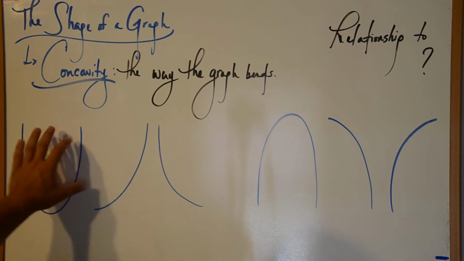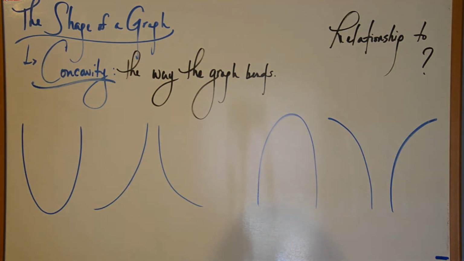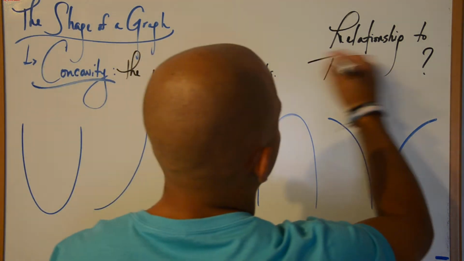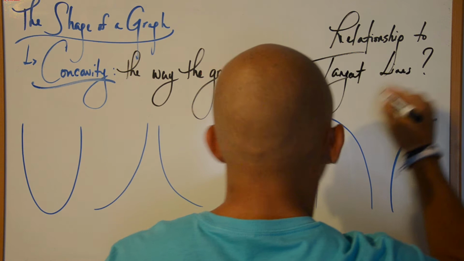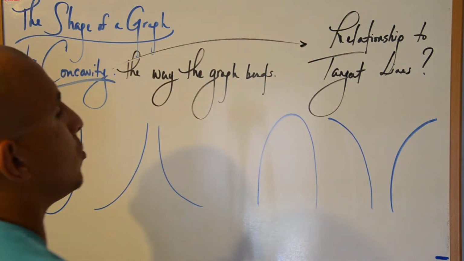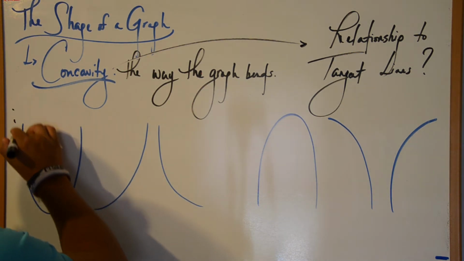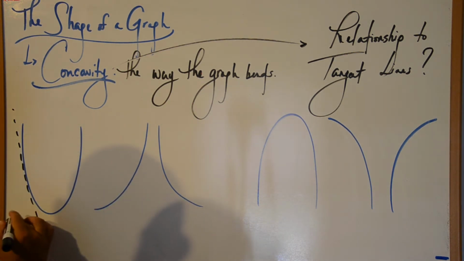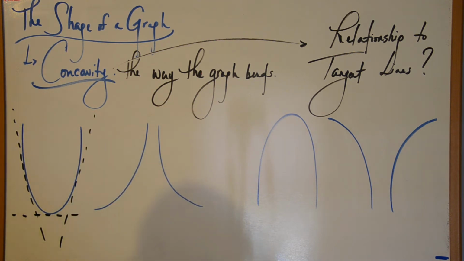So we have a couple different pieces here of how graphs may behave, and what is concavity's relationship to tangent lines. So if I were to draw in some tangent lines here, we can see that we have a negative tangent line to a horizontal tangent line to a positive tangent line.